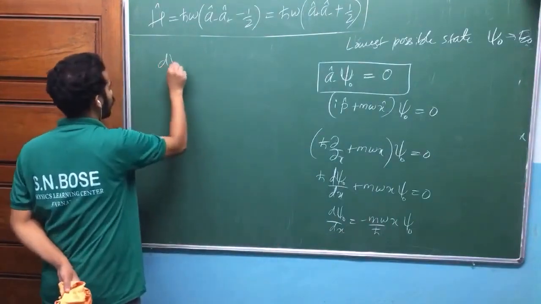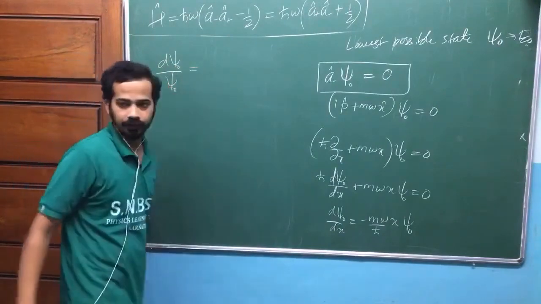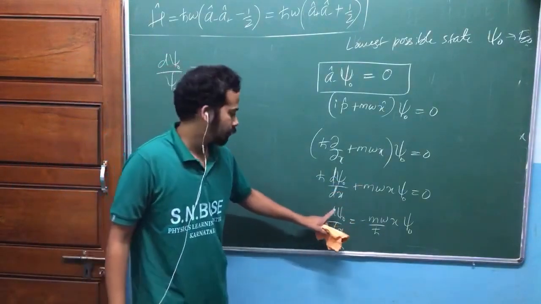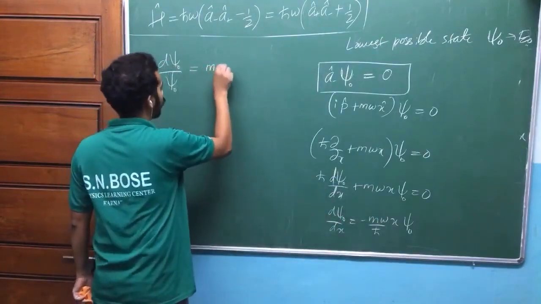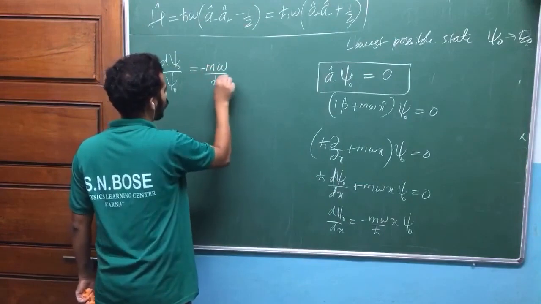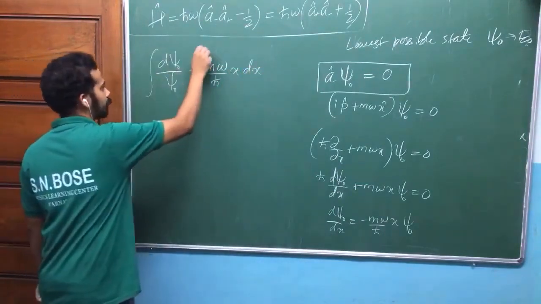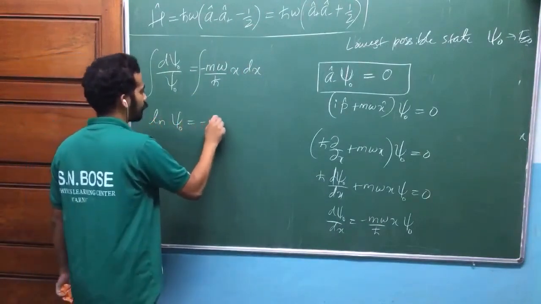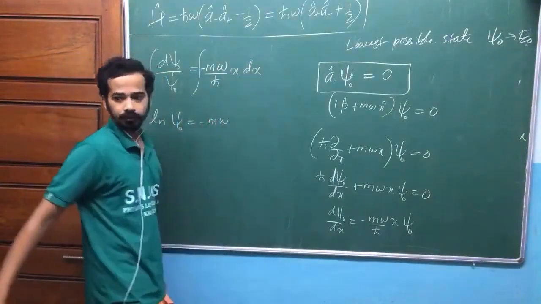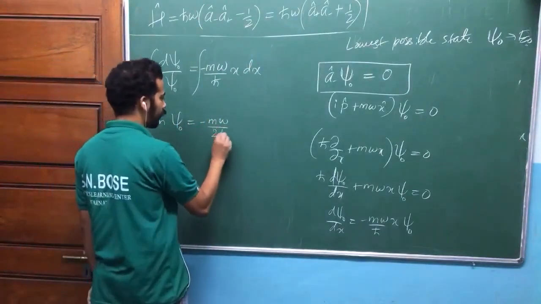You can write d psi naught by psi naught. Psi naught is a function of x, am I right? That is equal to minus m omega by h bar x into dx. Variables are separated. You can integrate. So log of psi naught is equal to minus m omega by 2 h bar x square. Am I right? Integral of x dx is x square by 2.